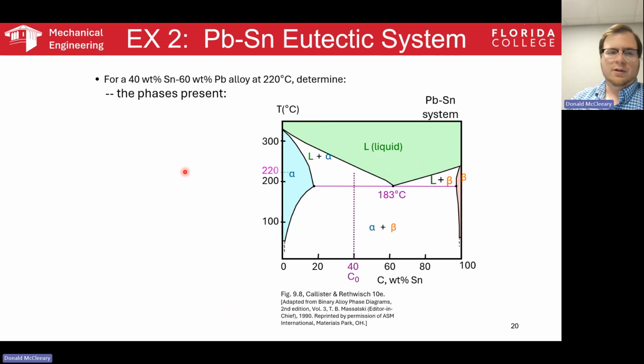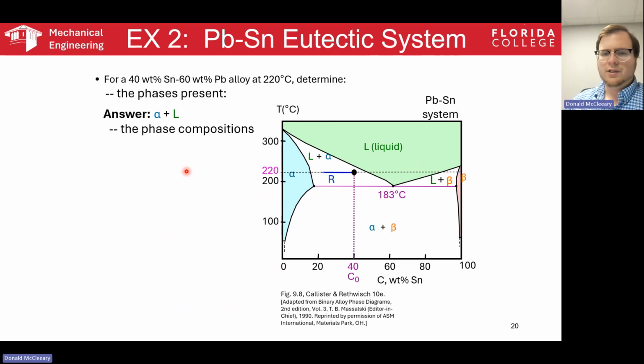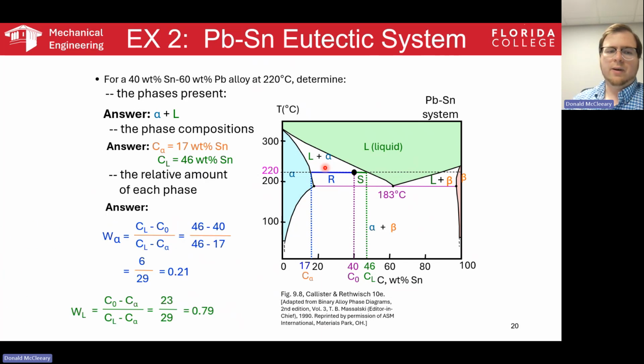They're going to ask us for our phase compositions, and here they are. We draw our tie line again. We get 17 weight percent selenium for our alpha phase, and we get 46 weight percent selenium for our liquid phase. And then if we want to get the mass fraction, all we do is use our teeter-totter equations again, and that'll be S, which is 46 minus 40, over the full length of our line, which is 46 minus 17.